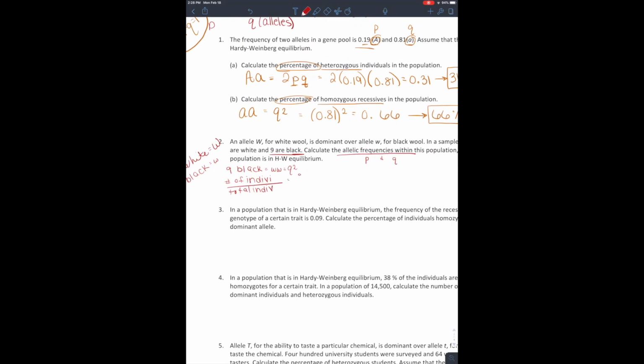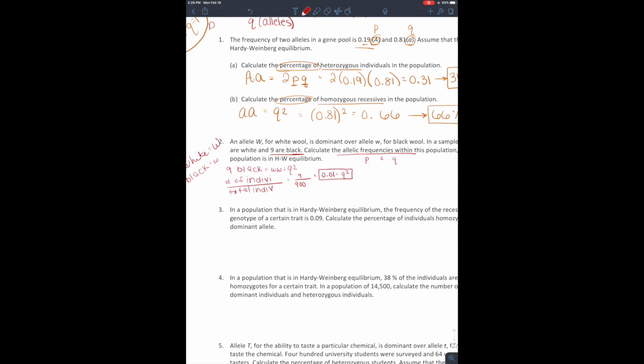So there were 9 sheep that are black. There are 900 total sheep, so that's 0.01. That is going to be q squared. So q squared is 0.01. That is the frequency of homozygous recessive individuals.